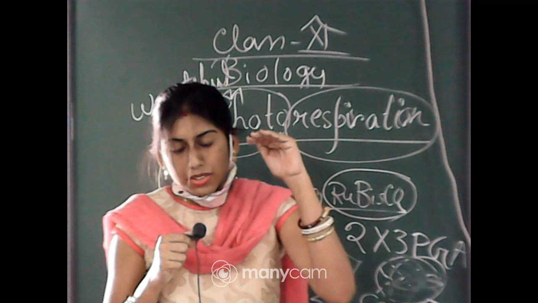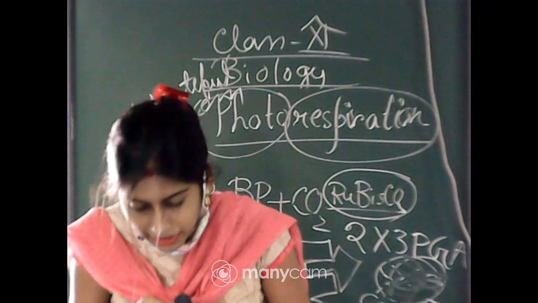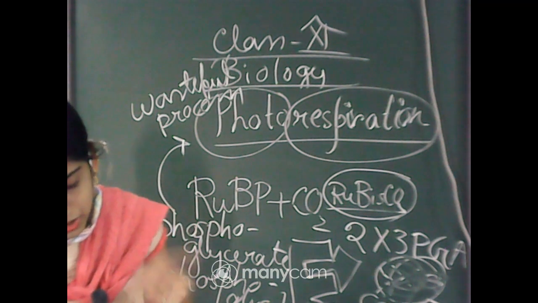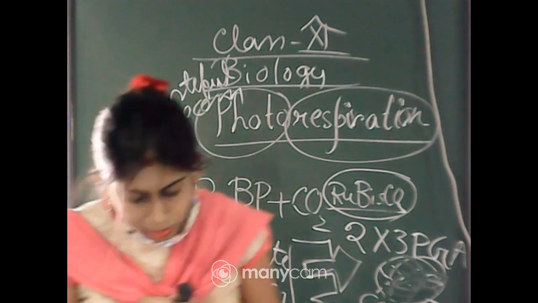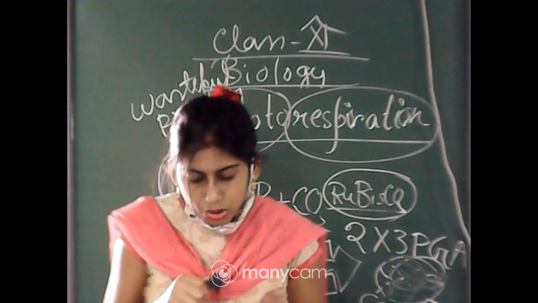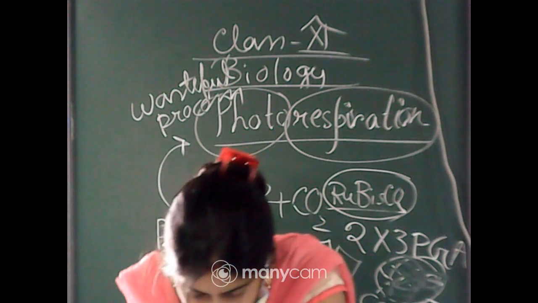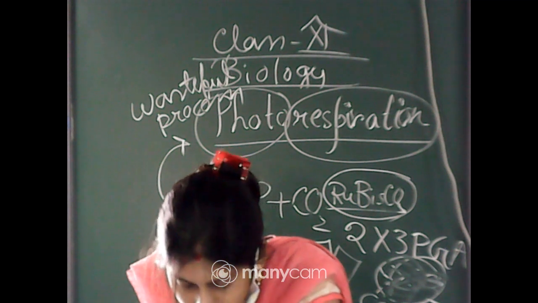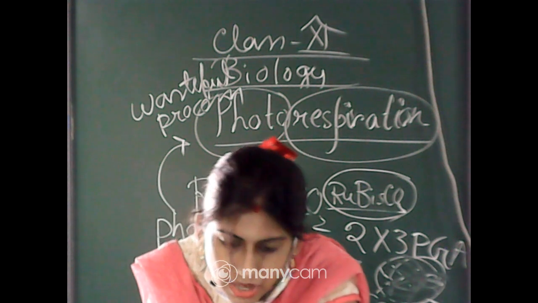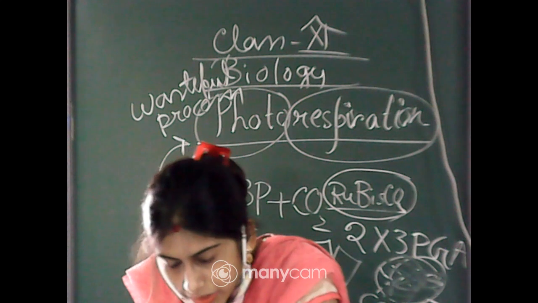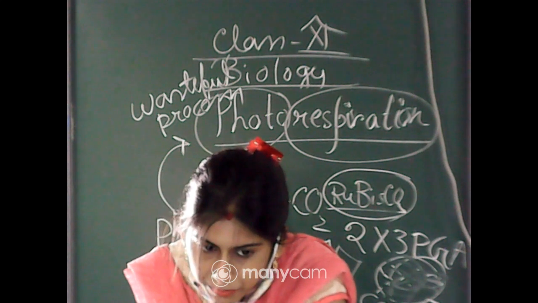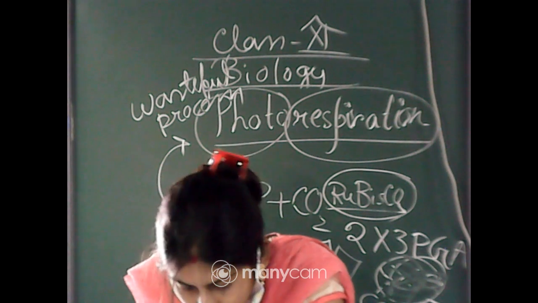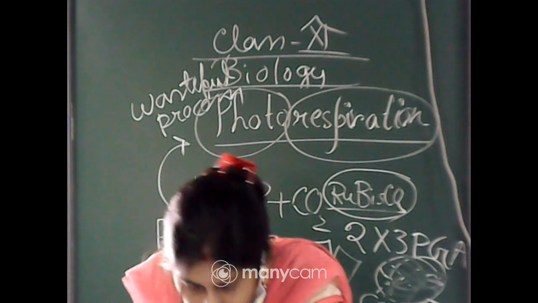So the concentration of carbon dioxide will be high there, and as a result the increased concentration of CO2 will help Rubisco bind with carbon dioxide, function as carboxylase and minimize the oxygenase activity. So photorespiration will not take place.